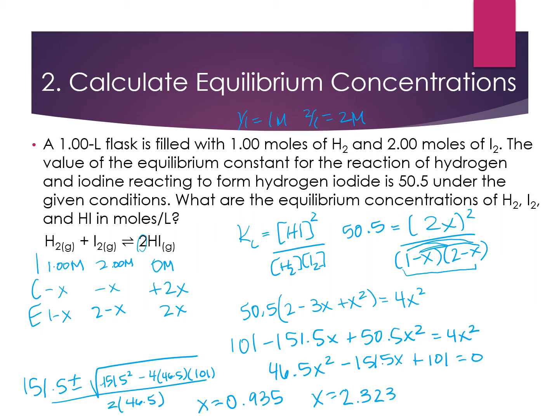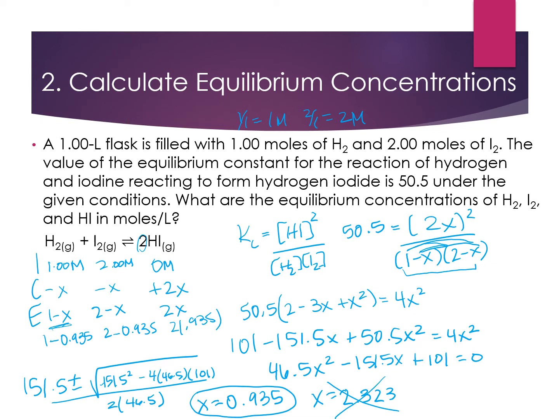However, if you look at where you're going to be plugging in x, 1 minus 2.323 is going to give me a negative number. That is not possible. So my x is equal to 0.935. So 1 minus 0.935, 2 minus 0.935, and 2 times 0.935.